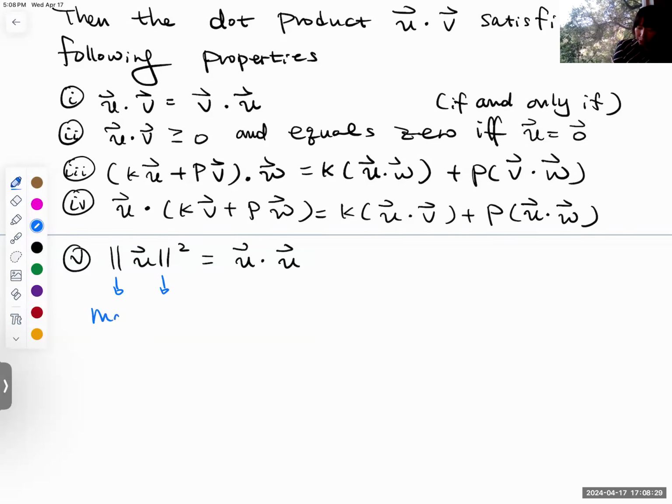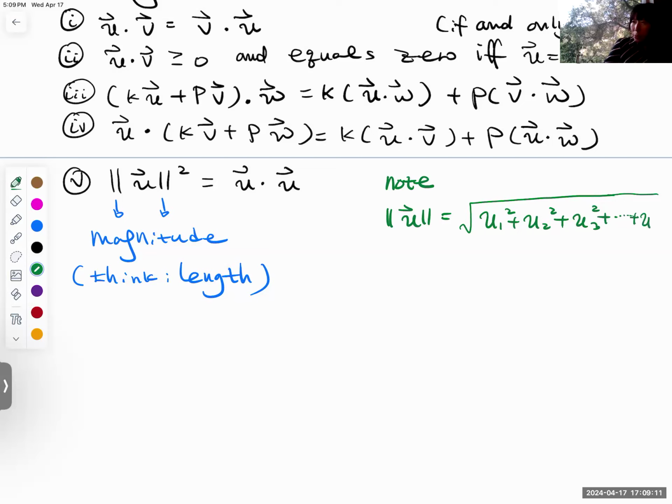Then we have this notation. So the magnitude of U is the square root of U sub 1 squared plus U sub 2 squared plus U sub 3 squared and plus U sub n squared. So we add everything up, okay?